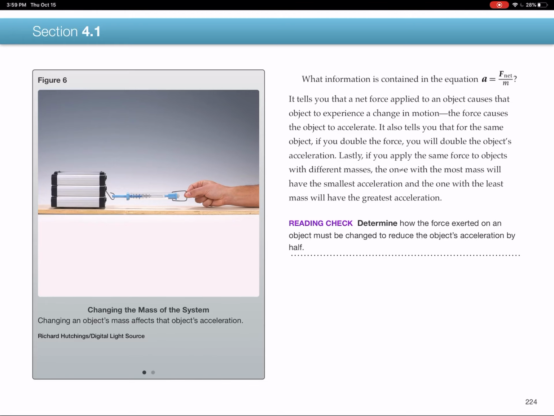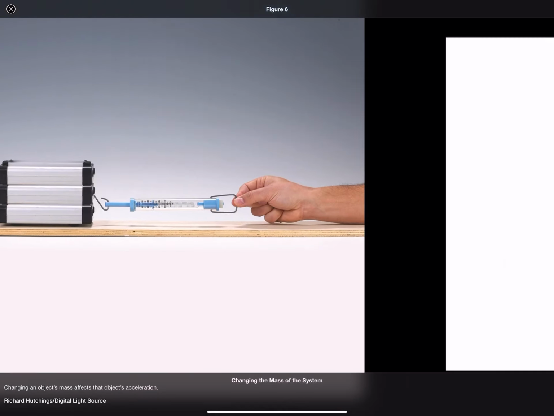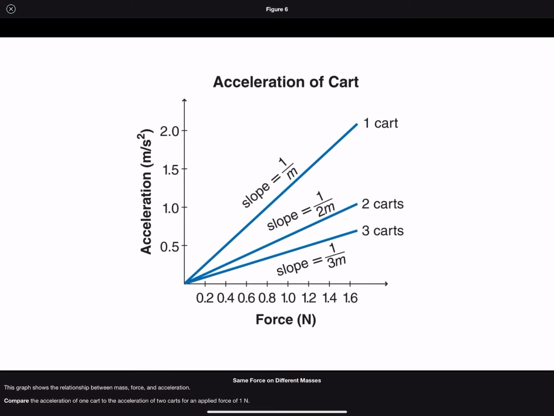What will that do to the motion? If we look in this case at the acceleration, you can see that you will have a smaller acceleration versus force when the mass increases. In fact, the slope of the acceleration versus force plot is equal to the reciprocal of the mass. We'll investigate this in more detail in the lab that we'll do next week.